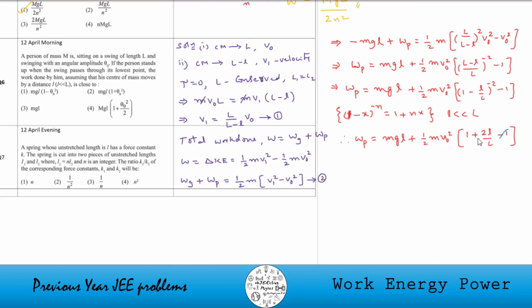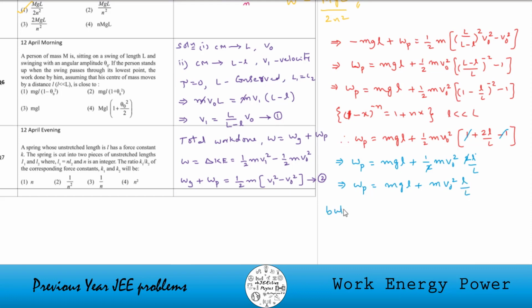Here minus 1 plus 1 cancel. So Wp is equal to MgL plus half m V0 square into 2l by capital L. Here 2 cancels, and Wp can be written as MgL plus m V0 square small l by capital L.